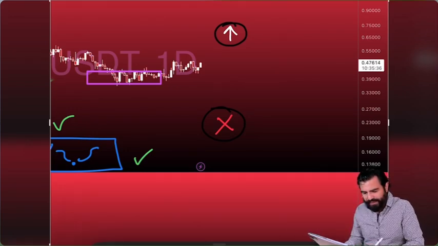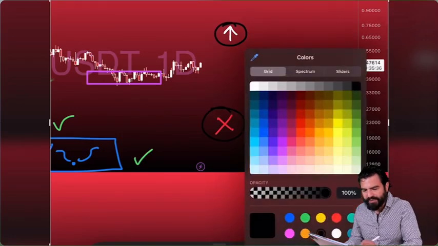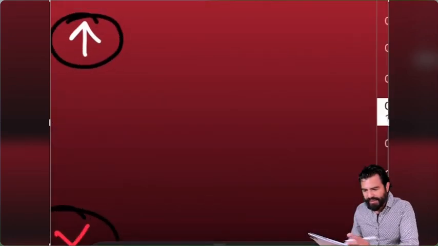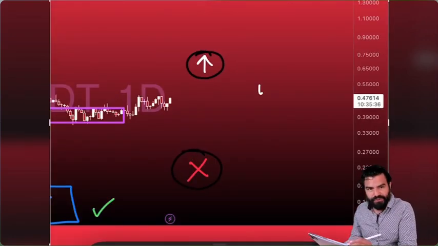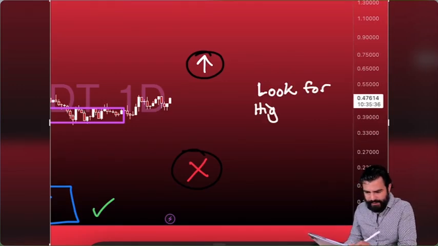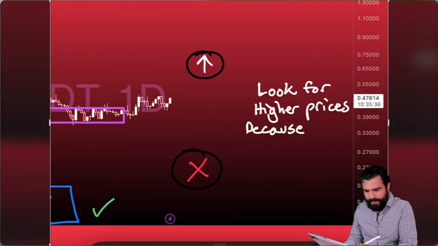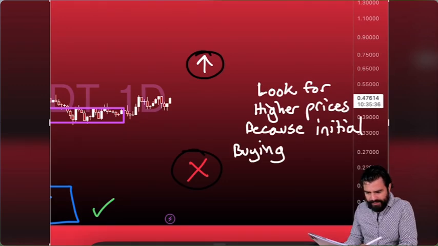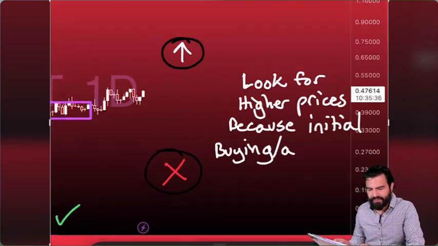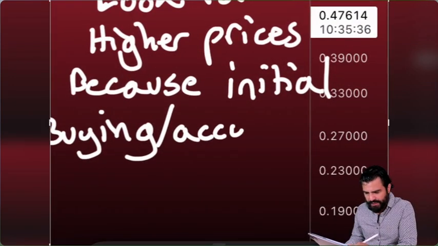Okay, I know I'm spending a little more time than I probably would normally on this crypto, but if you get this material, it can help you absorb whatever cryptos you're analyzing. Look for higher prices, because initial buying, in this case it was accumulation, that's what I determine as accumulation.